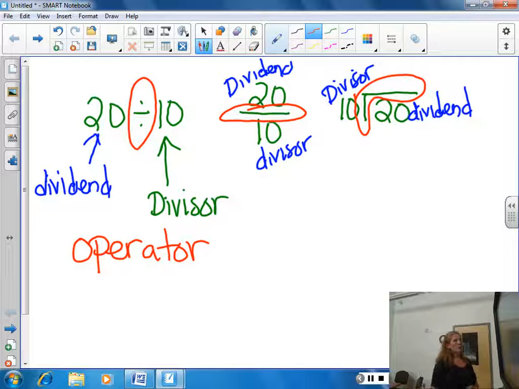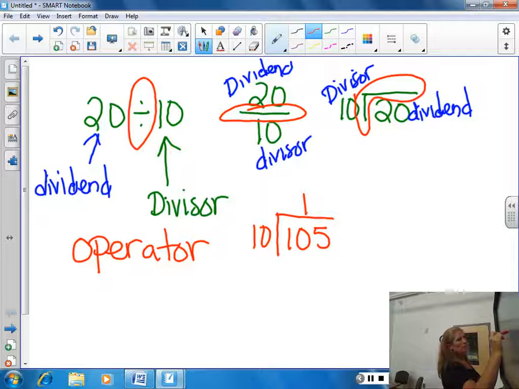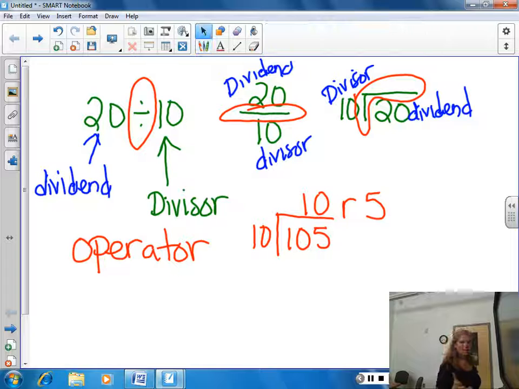When you have an answer to a division problem, let's say I have 105 divided by 10. 10 goes in there 10 times with a remainder of 5. We'll see how to do that problem in a second, but I want to give you the terminology.